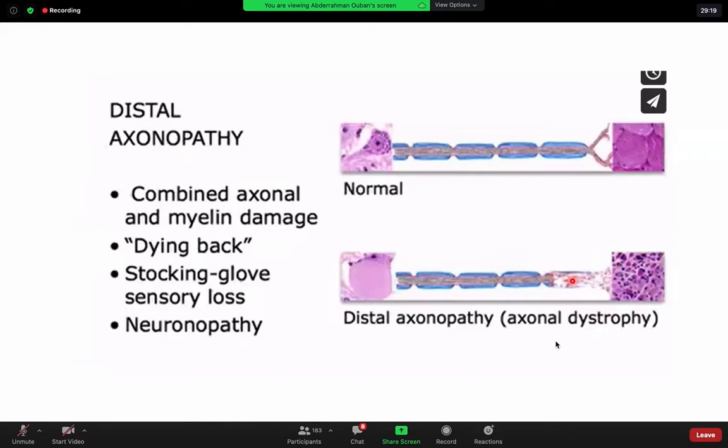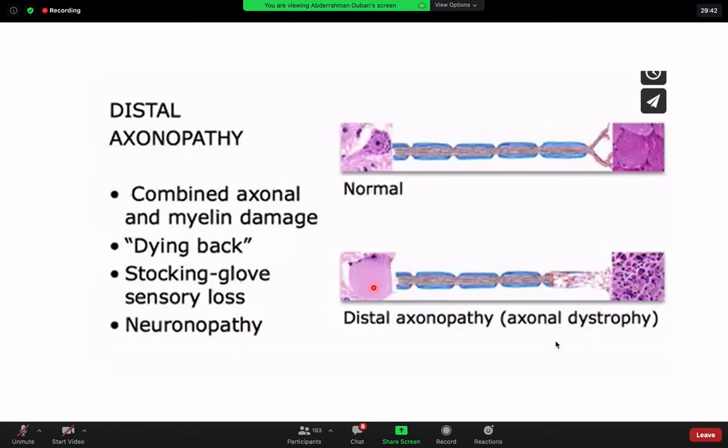Okay. Now, there is another name for distal axonopathy. They call it dying back. Believe it or not, they call it dying back, in that the pathology begins distally and spreads proximally towards the origin. All right. Again, similar to what you see with the POD, with the example I gave you.